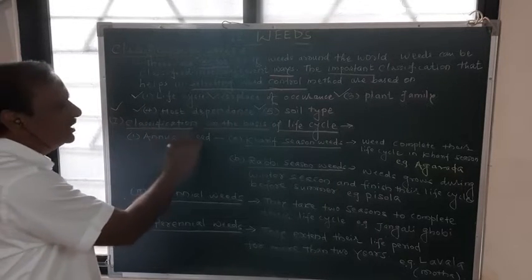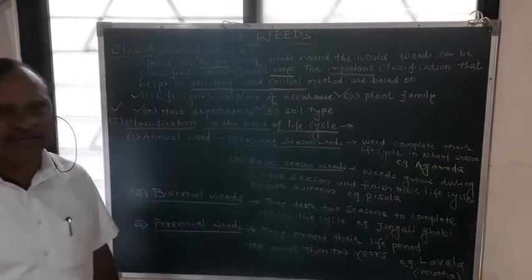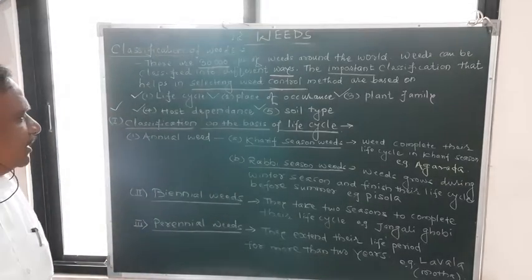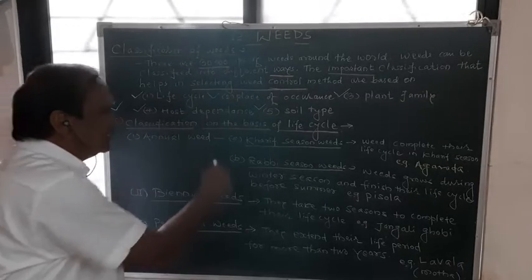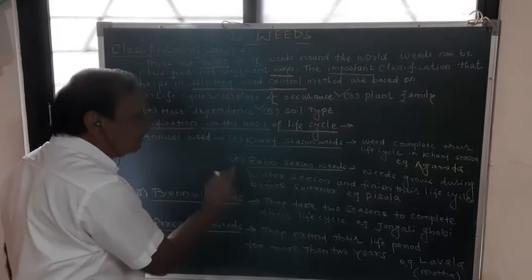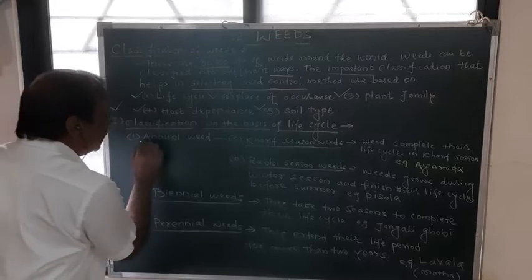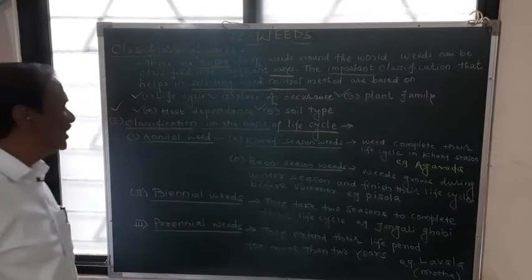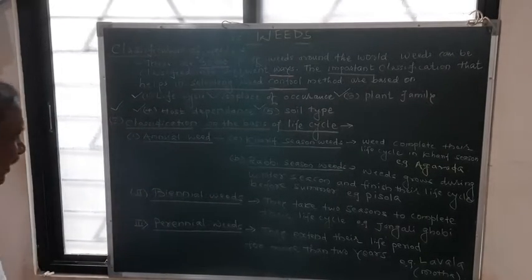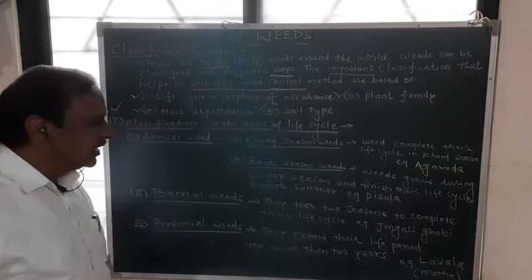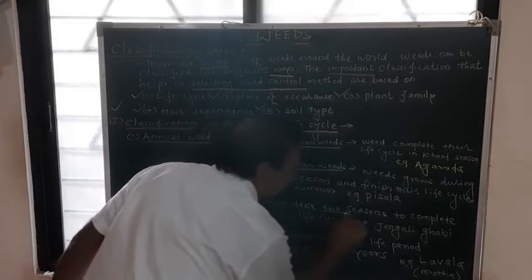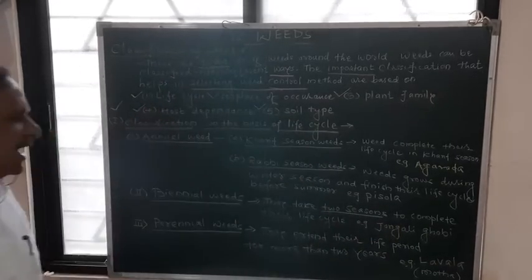That is classification on the basis of life cycle. The plant completes its life cycle in Kharif season or in Rabi season, and these weeds are said to be annual herb. Then second is biennial herb. They take 2 seasons to complete their life cycle.